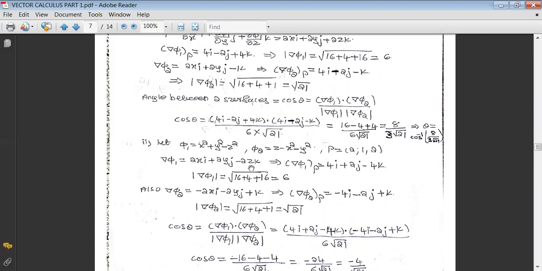Now this del pi 1 at the point P, where x, y, z are 2, 1, 2, becomes 4, 2 and minus 4, that is 4i plus 2j minus 4k.